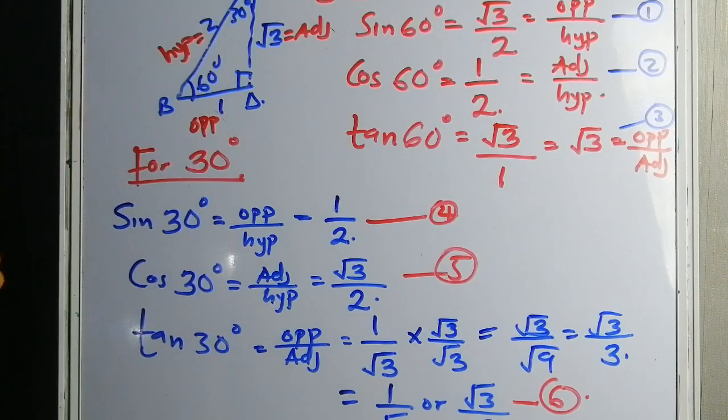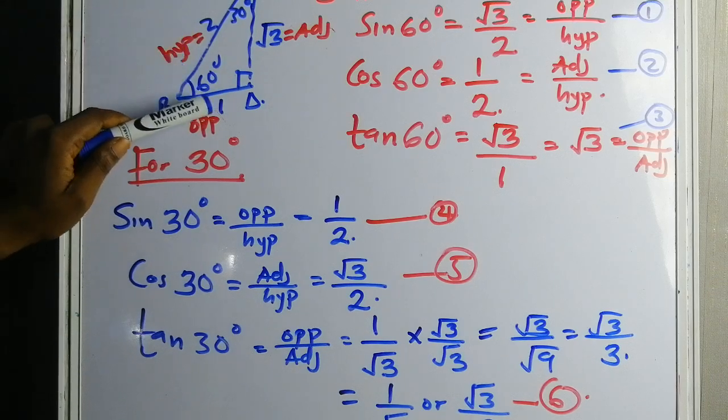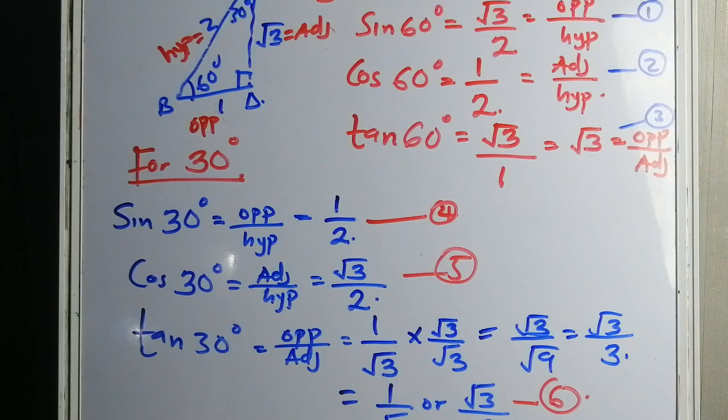Just quickly bring out the angle, know your hypotenuse and adjacent, and know the angle you are working with. Are you working with 60? Are you working with 30? From there you get your answer. Very simple. All you need to know is 2, 1, root 3, equilateral triangle. Then all the other ones will fall in place, so you don't need to cram.